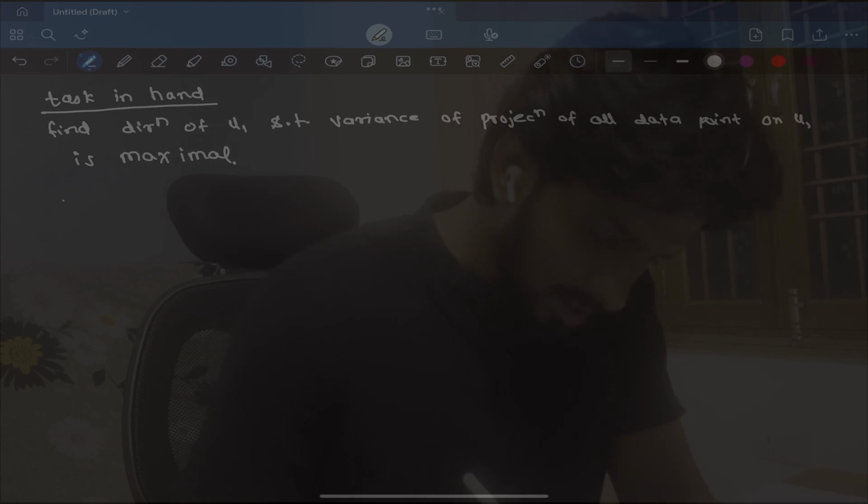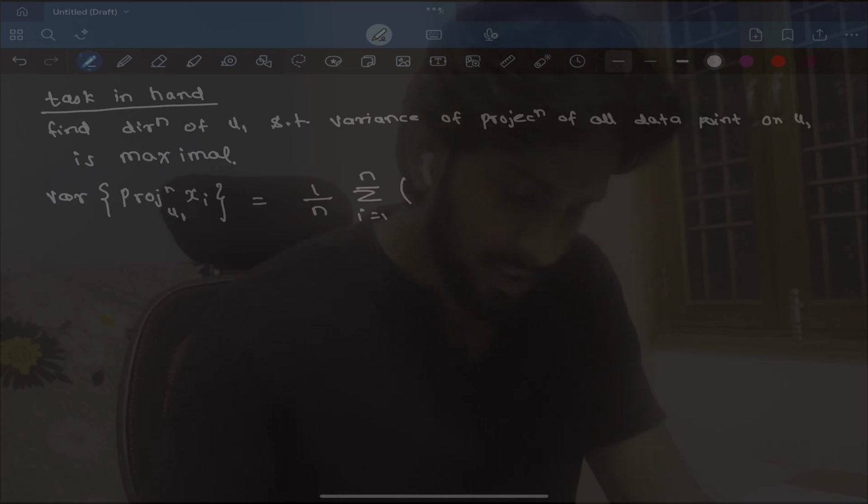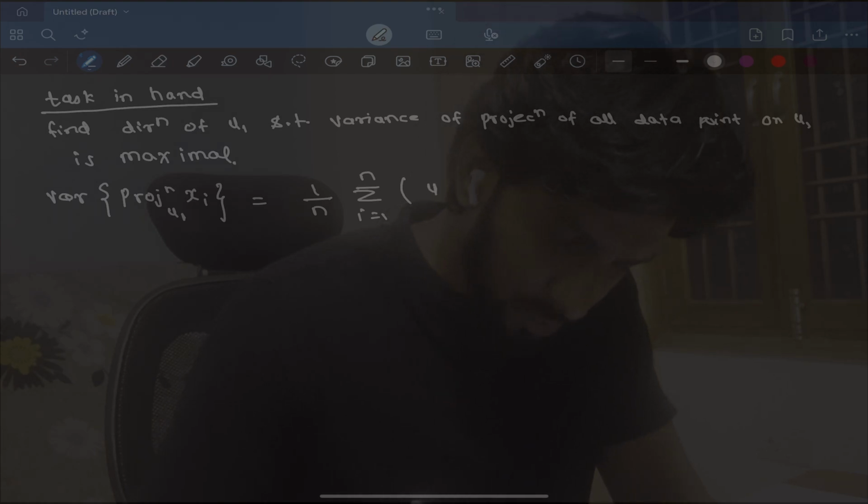So the variance of the projection of xi in the direction of u1 can be written as the average over 1 to n of how much each data point is varying from the mean, which will be equal to u transpose xi minus u transpose x bar, the whole square.